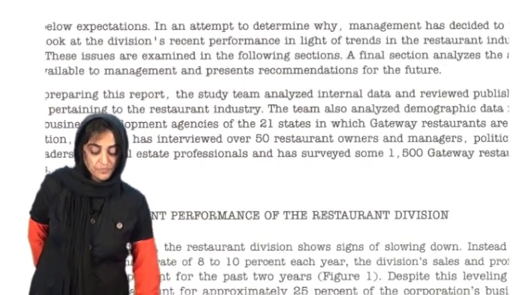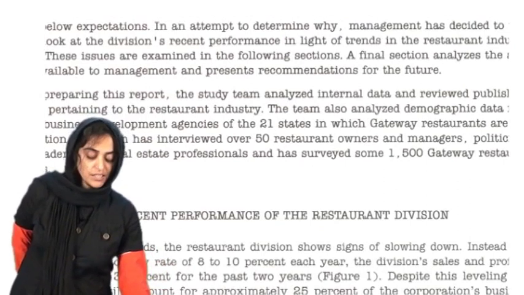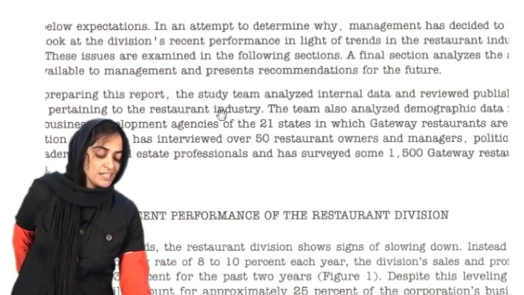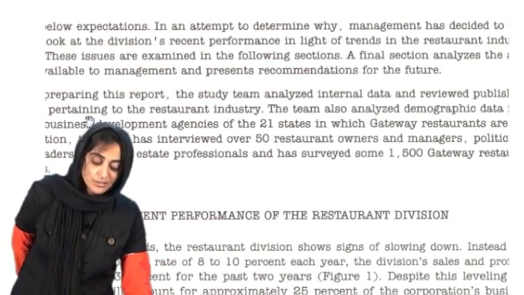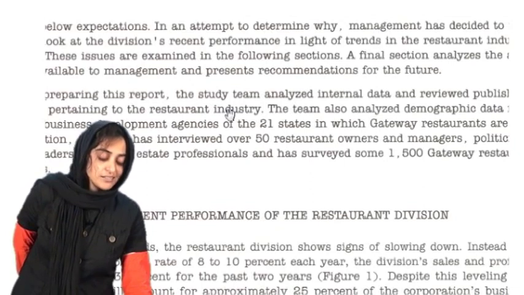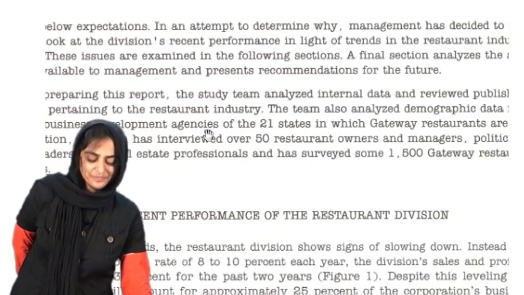In this paragraph he says, as you can see on the screen, in presenting this report, the study team analyzed internal data and reviewed published information pertaining to the restaurant industry. The team also analyzed demographic data furnished by the business development agencies of the 21 states in which Gateway restaurants are located.